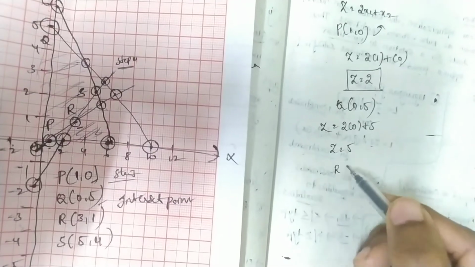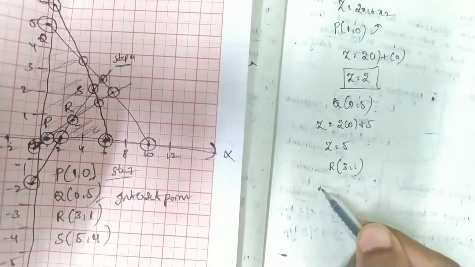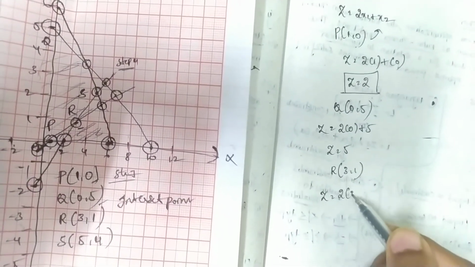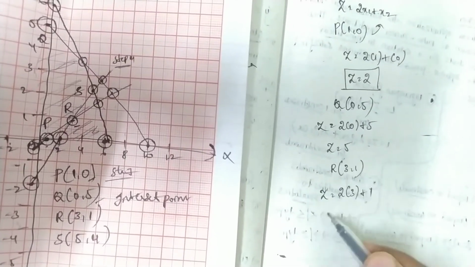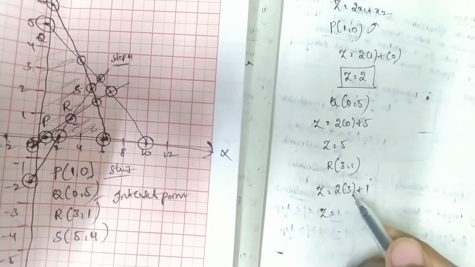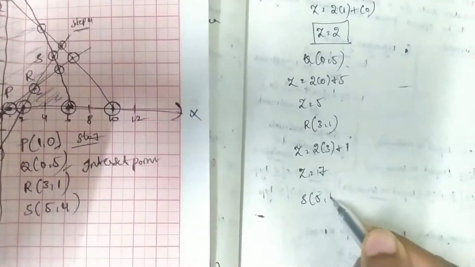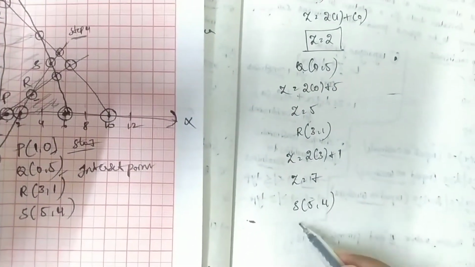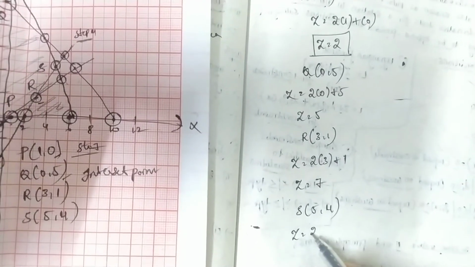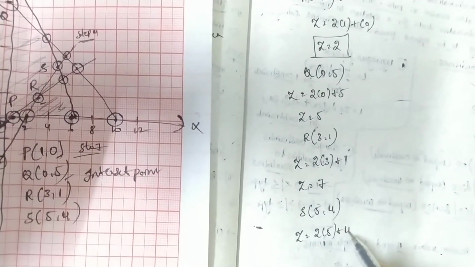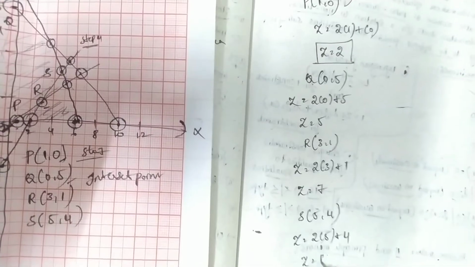Taking R, 3 comma 1, substituting in z, we take 2 of 3 plus 1, 2 threes are 6 plus 1, we get z equals 7. And taking S of 5 comma 4, substituting in z, 2 of 5 plus 4, we get z equals 14.